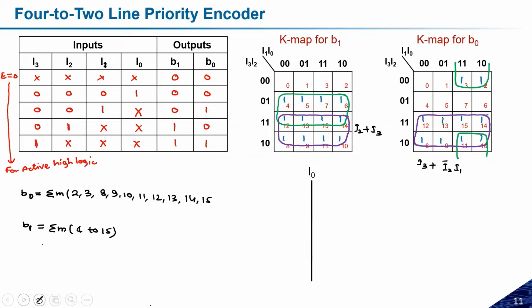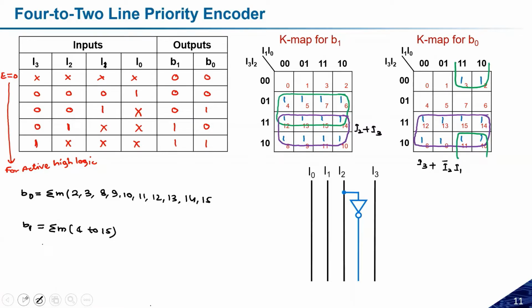Here I have 4 inputs: I0, I1, I2, and I3, and because I need the complement of I2 as well, for that we need one inverter. Why have we made only the complement of I2? Because if you see these expressions, only the complement of I2 is required. Now you can make B1 and B0.